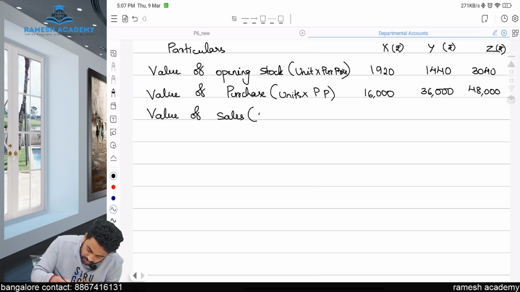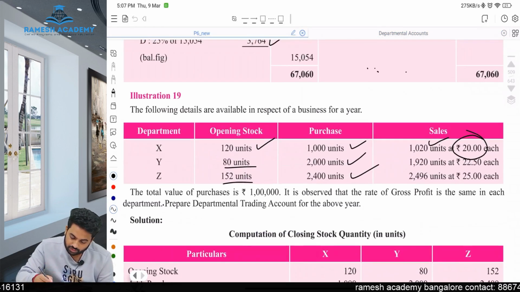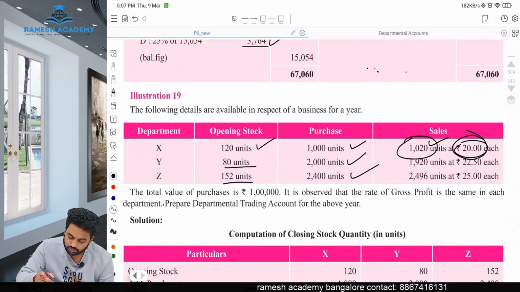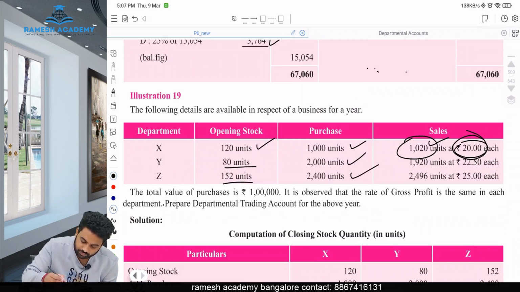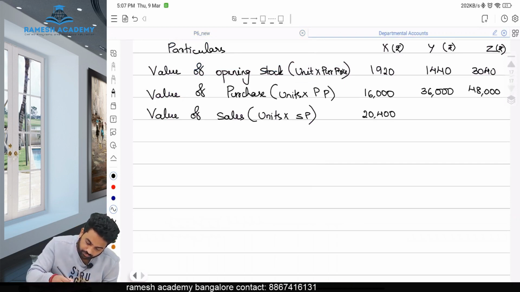Next, value of sales. Units into selling price. Here, 1020 into 20. 1020 will give you 10,200, so 20,400 in X. Okay.